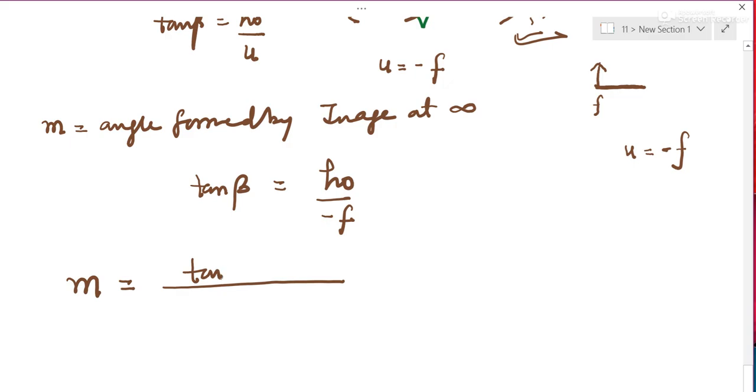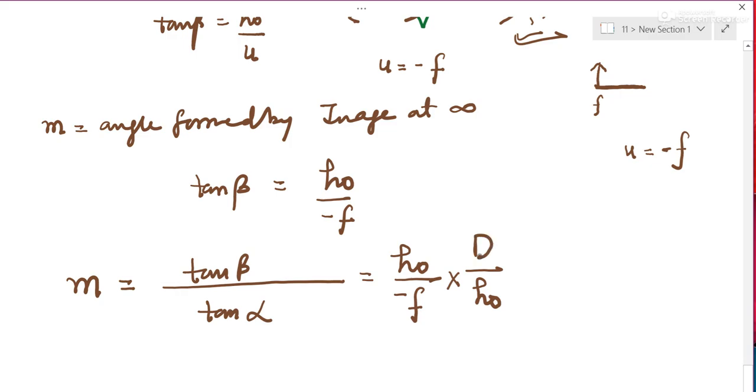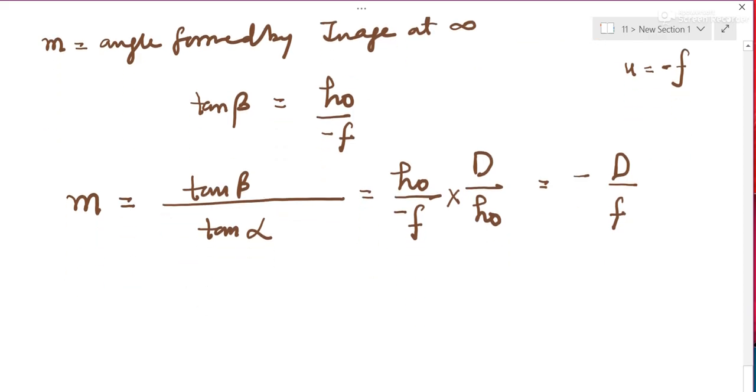Tangent beta by tangent alpha. So it is H0 by minus F. What is tangent alpha? If you remember, you must have noted down: H0 by D. So it will be reciprocated, right? So D up, H0 down, H0 cancels. It is minus D by F. The negative you can ignore.